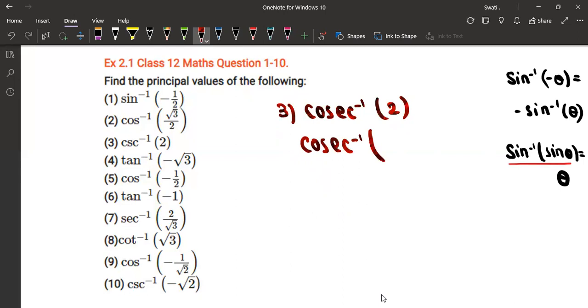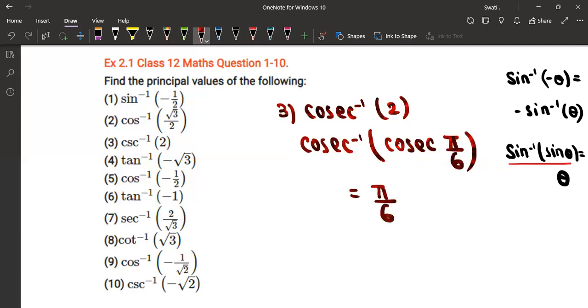Cosec 30 is 2, so in terms of pi this is cosec pi by 6. Now cosec inverse cosec theta, by the formula, just the way sine inverse sine theta is theta, is also theta only. So by that we get the value pi by 6.